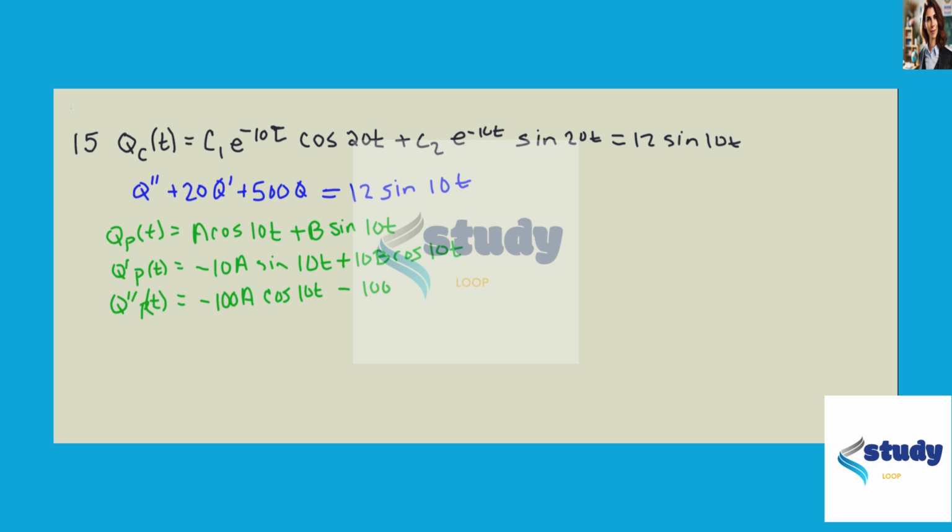Chain rule again, so I take the 10t times the 10; the derivative of cosine is negative sine.